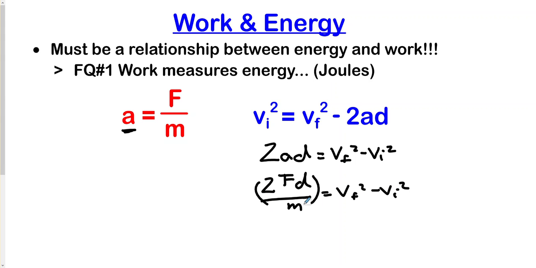If I multiply both sides by mass, I'd end up with 2 force times displacement is equal to, I'd have to distribute the mass out, so mass V final squared minus mass V initial squared.